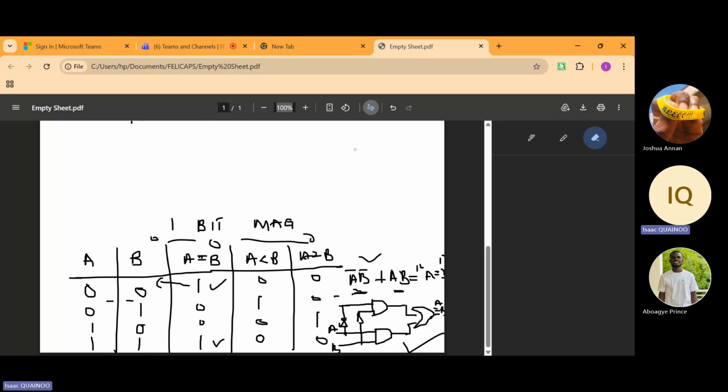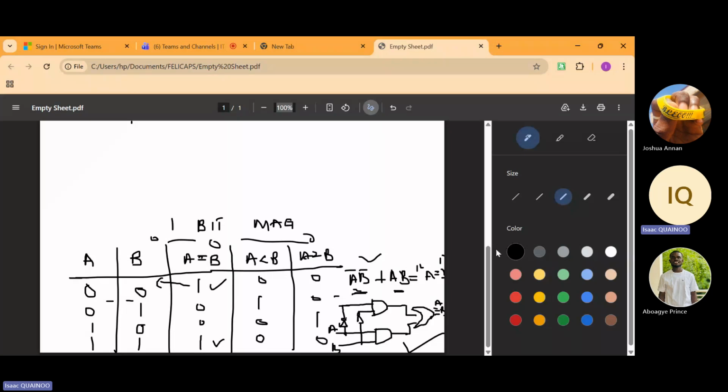So let's repeat this for the others also. So we have A is less than B. With A is less than B, we have to look at which output combinations return a 1. Okay. And for that, we can see it only happened here, right?